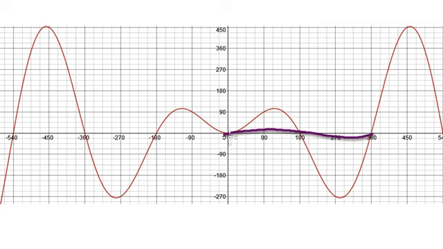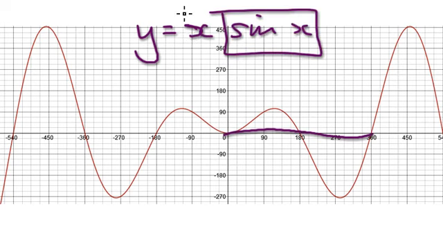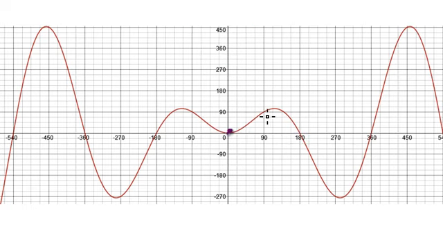But then we're combining x and sine of x. So it's really this block multiplying with this block. We are combining our normal sine of x graph, which is this purple line here, with y equals x, which is 180 here, 180 here.